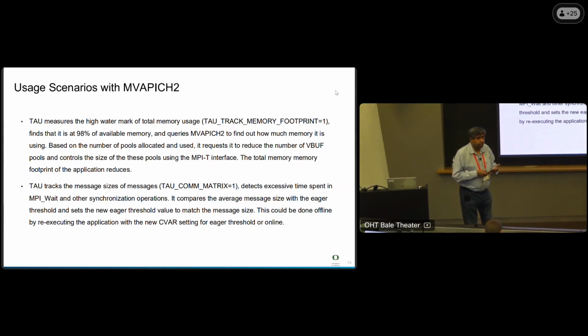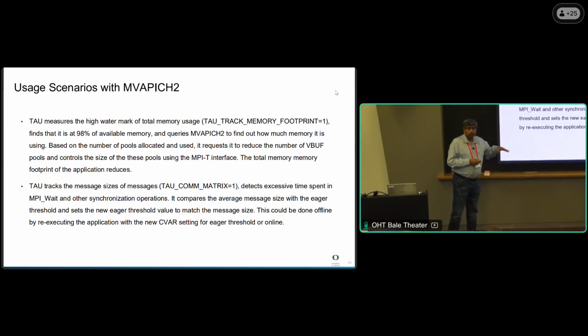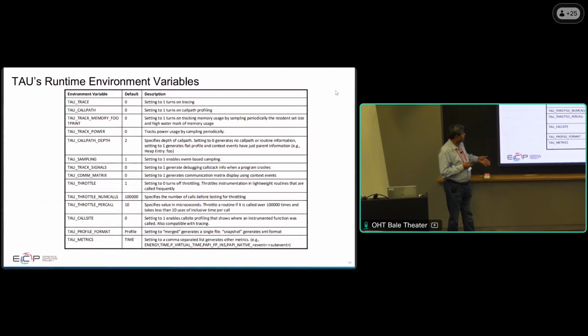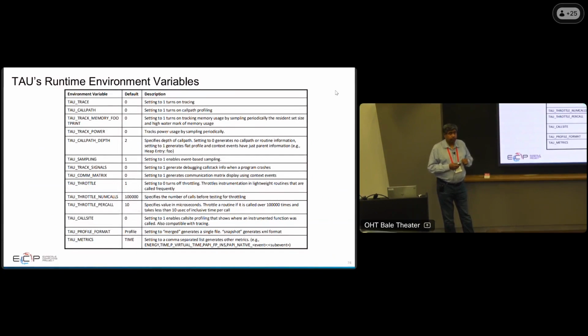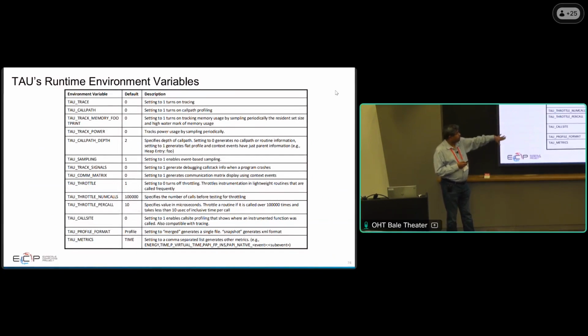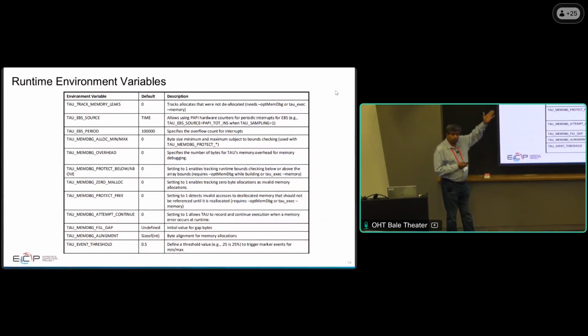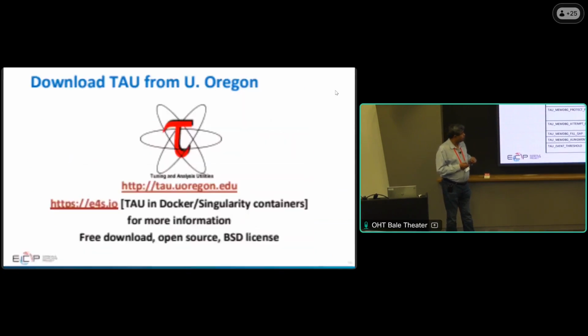The auto-tuning plugin can work with the runtime. So there is an exchange of information between the tool and the runtime. And then you can also set many different options for generating different types of performance data. I will not go into details. This is just a quick listing of some of our options for memory debugging and control of the runtime.